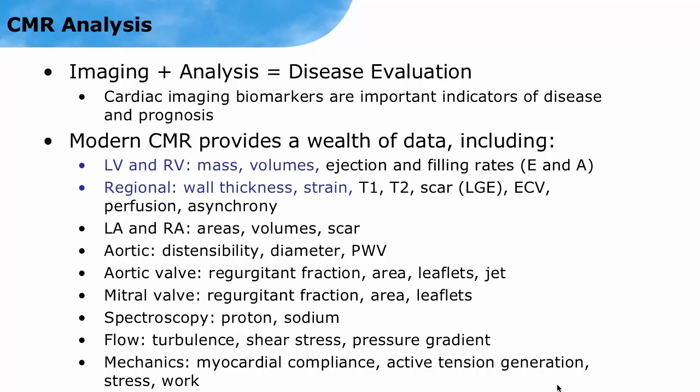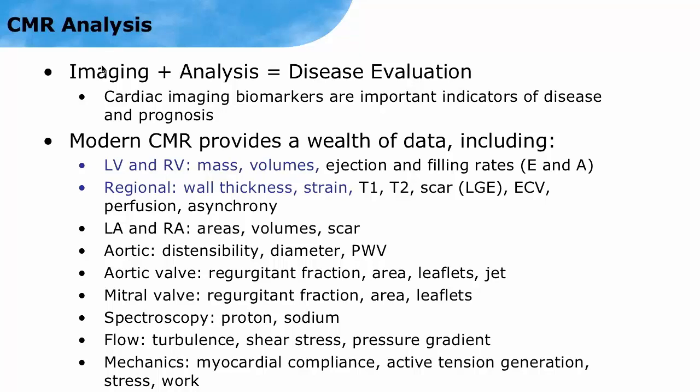Okay, so we've heard a lot about CMR for image analysis and cardiac quantification. Cardiology is really a quantitative practice. So we want to not only look at the images and qualitatively assess what's going on there.